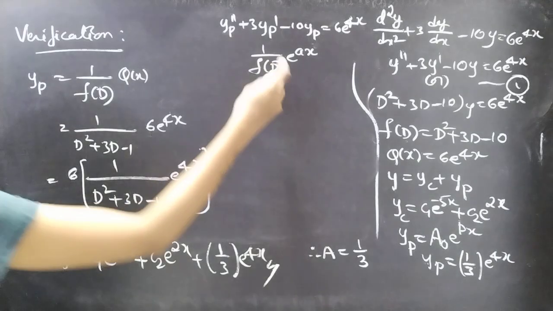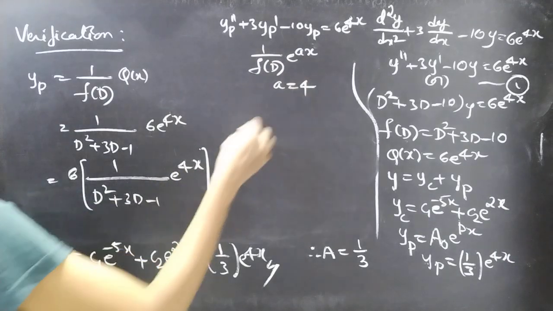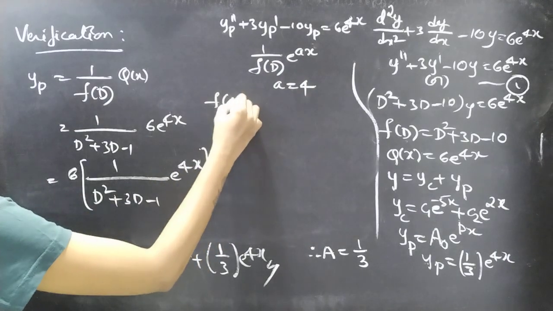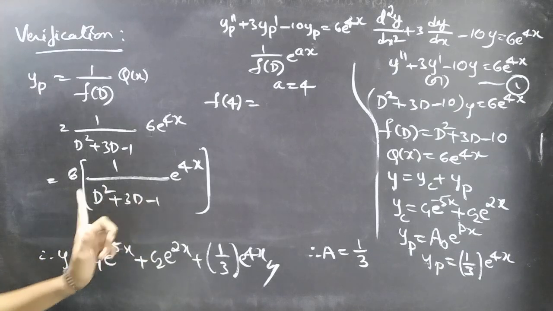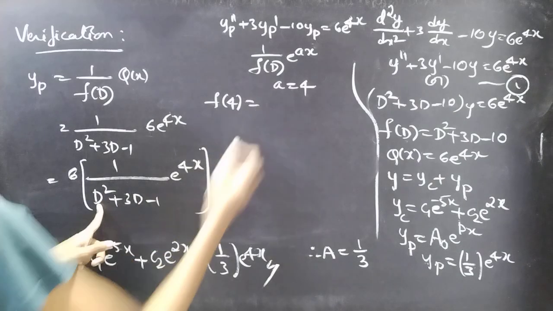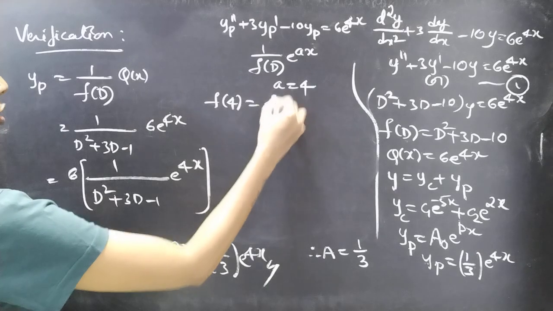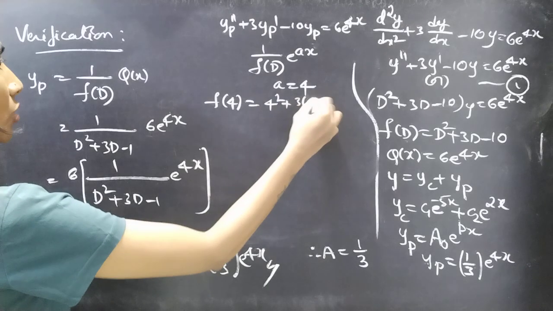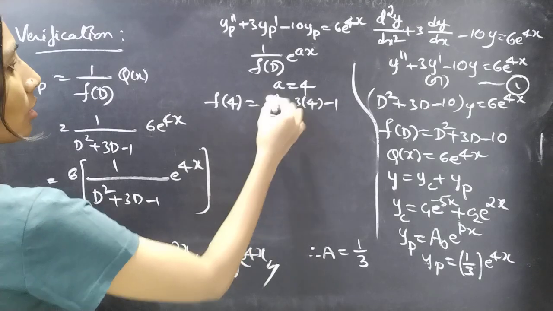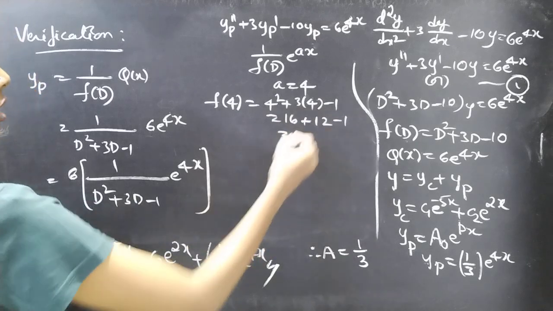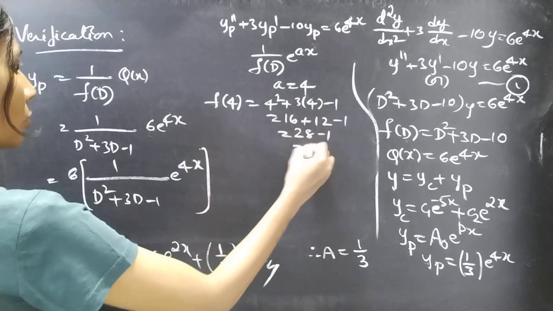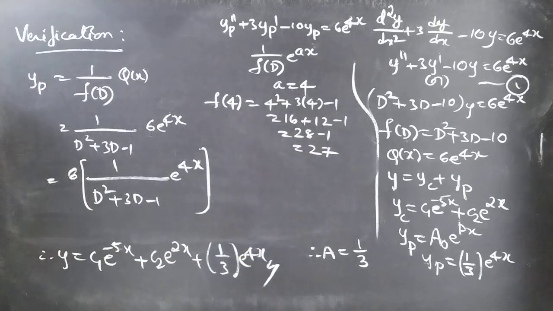Just compare these two, then for a equal to 4, we'll just find f of 4. Just replace d by 4, you'll get 4 square plus 3 into 4 minus 10, which gives us 16 plus 12 minus 10.